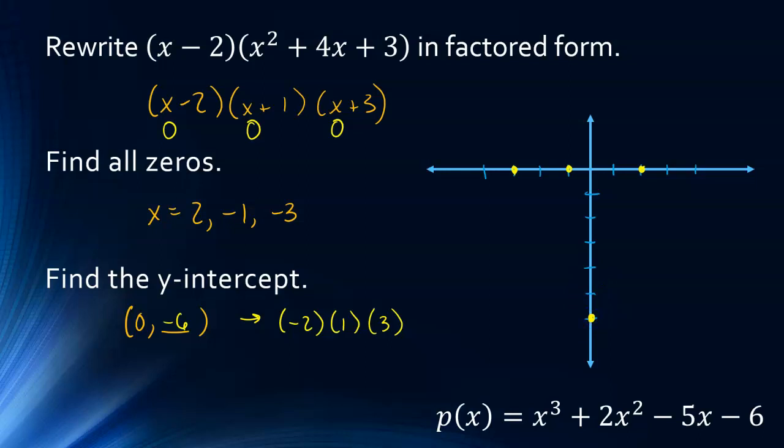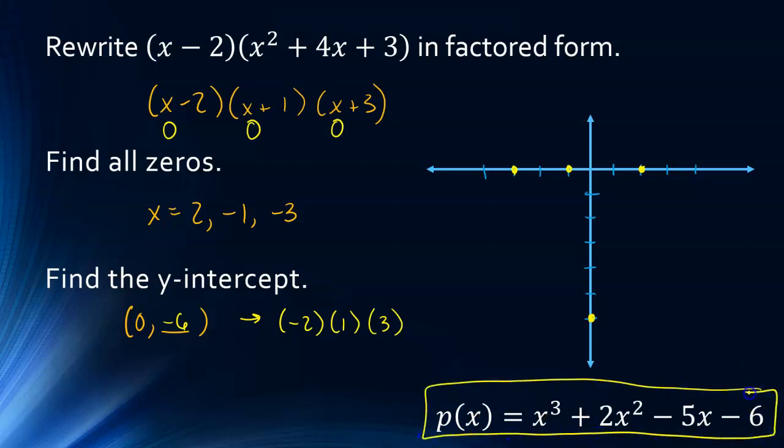All right, we want to make sure that our end behavior is correct. So before we do anything else, we want to figure out our end behavior. Remember, we have this parent function down here at the bottom. For the end behavior, remember I talked about doing the 2 blanks. The leading term is positive, so the right side's going up. The degree is odd, so the left side's going to go down.